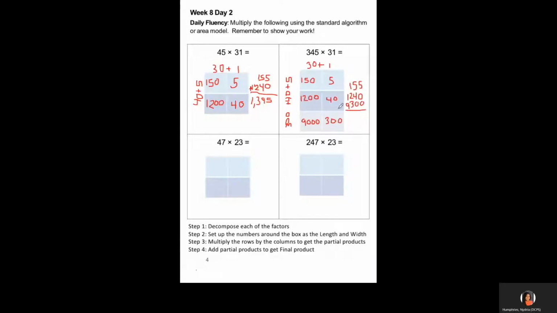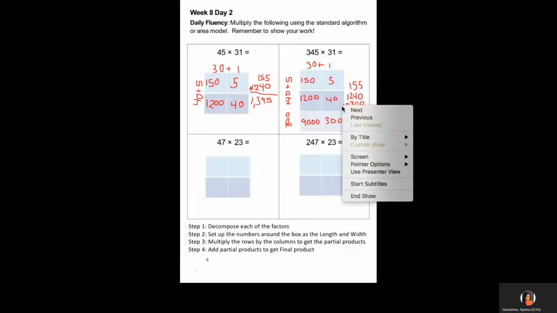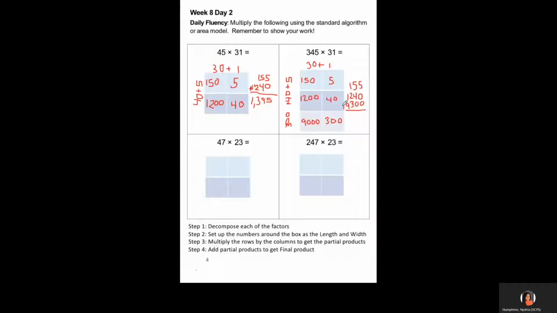And we're going to add our partial products. So 5, 4 plus 5 is 9. 3 plus 2 is 5, plus 1 is 6. And 9 plus 1 is 10. So our answer is 10,695.